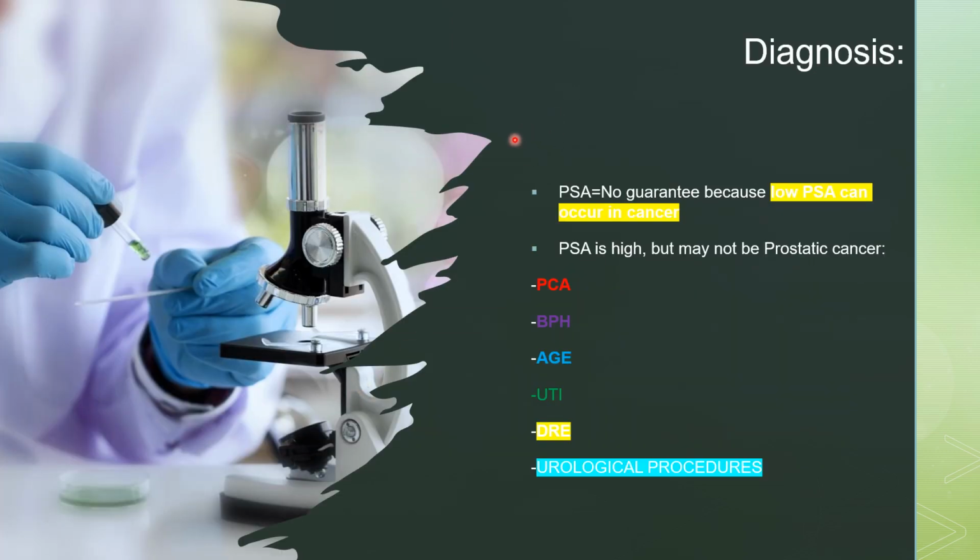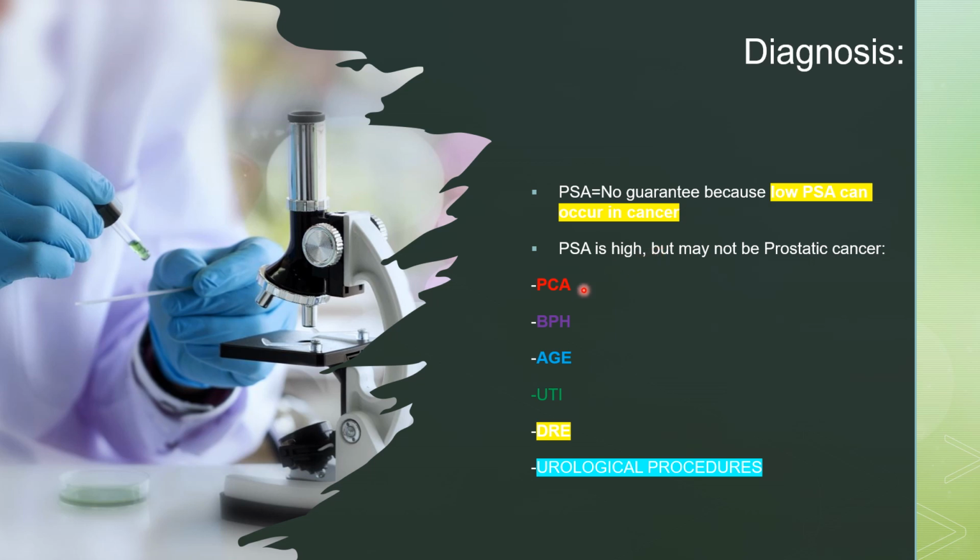Okay, long journey. PSA, like I've said repeatedly, there is no guarantee that the value of PSA is telling us there is cancer or there's no cancer. Low PSA can still occur in a cancerous prostate gland.